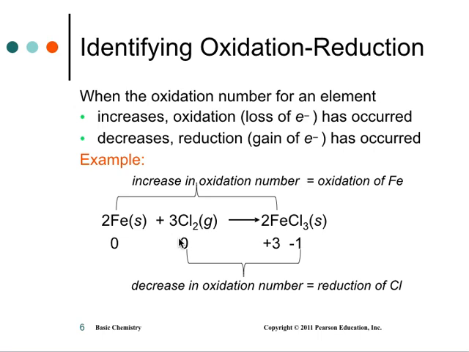The chlorine went from 0 to -1. That means it was reduced. It went down in charge, but it only went down by 1. So what's going to happen in order to go up 3, I'm going to need to go down 3 -1s. Like it dropped by 1, but I need 3, and that's what's happening here. You're going to have coefficients.